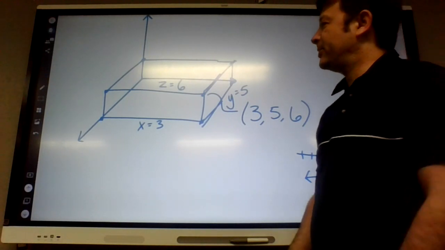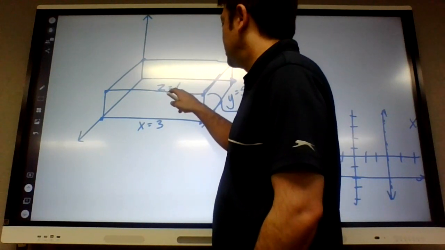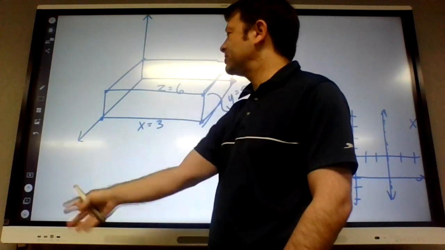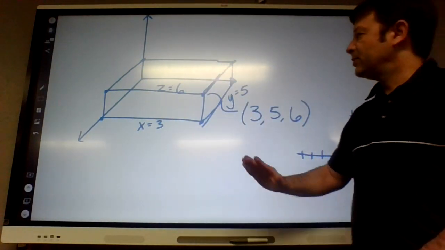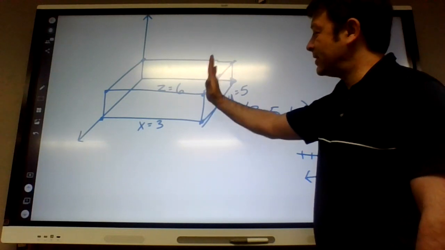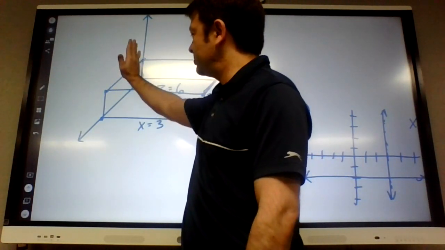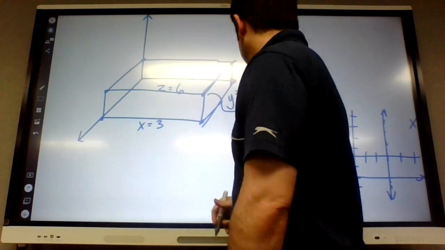Okay, well let's talk about the other 3 planes. Like the left side of this box. What would that be called? Well, if this is called y equals 5, then this one is y equals 0. You guys get it? It's cutting through.